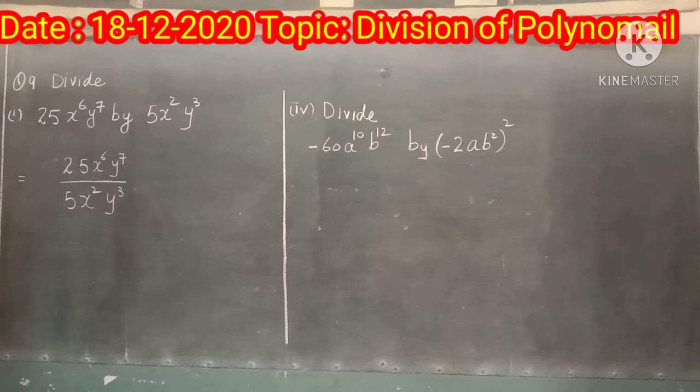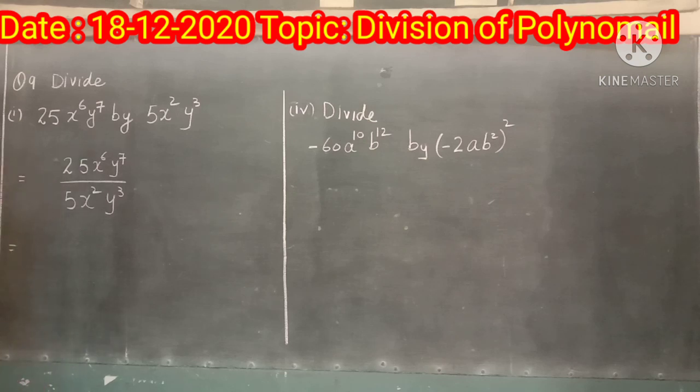I am repeating again. If both are terms, first of all make the fraction. This number make as a numerator and this number make as a denominator. This is the first step.